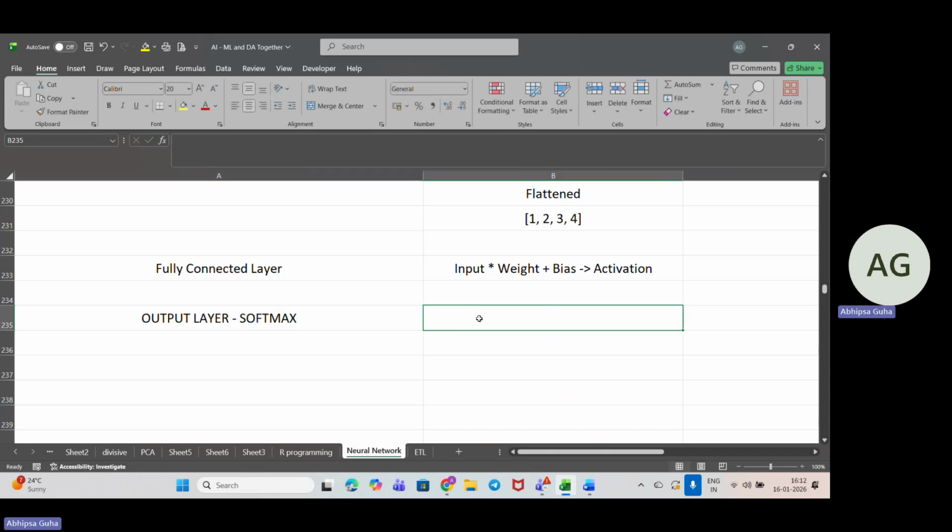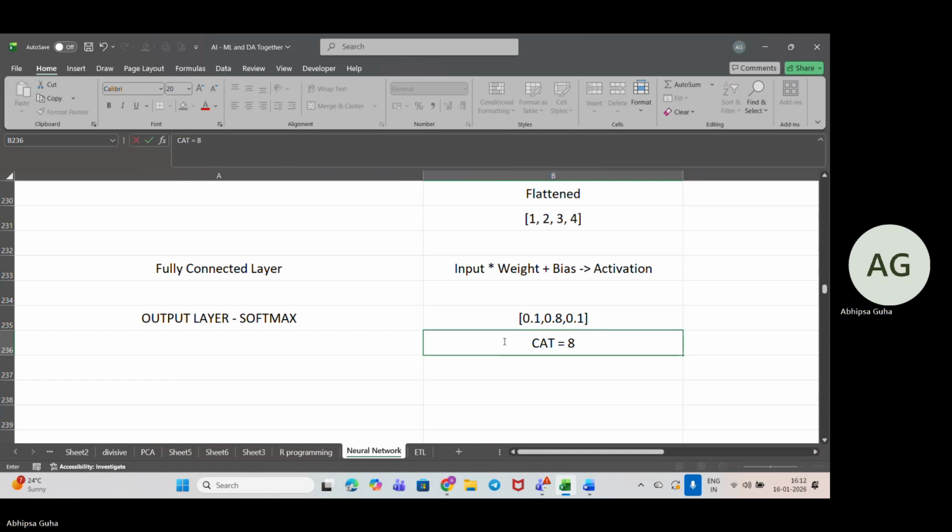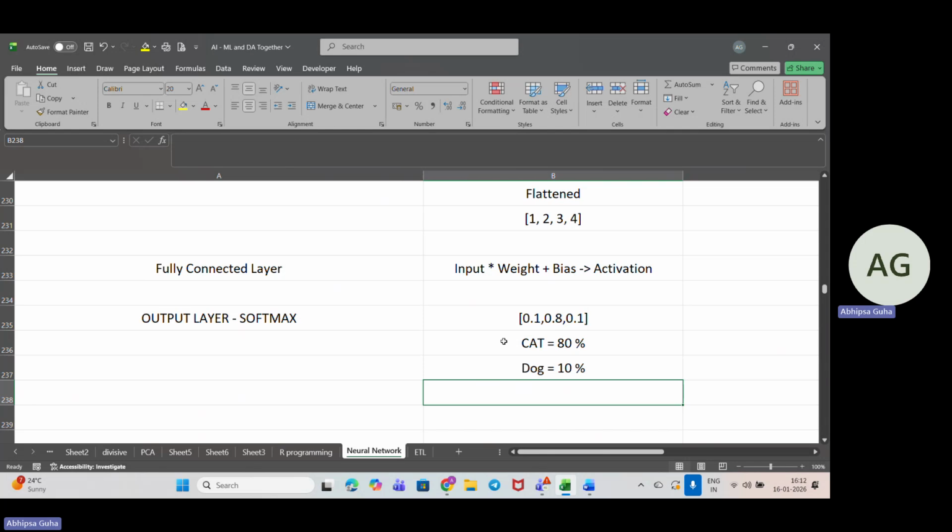Suppose we get values like 0.1, then 0.8, then 0.1 again. That means cat is 80%, dog is around 10%, and any other animal like rabbit is also 10%.